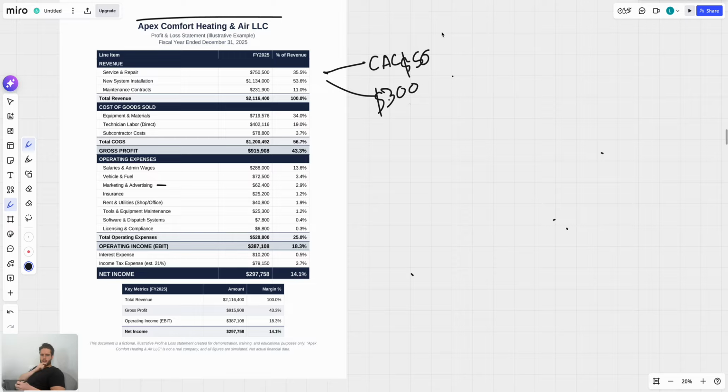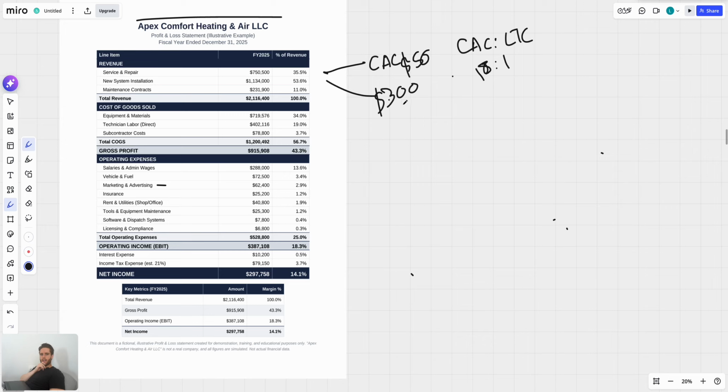And let's just say the CAC to LTV, lifetime value, on service repair is 10 to 1. $500 for a $50 booked job.